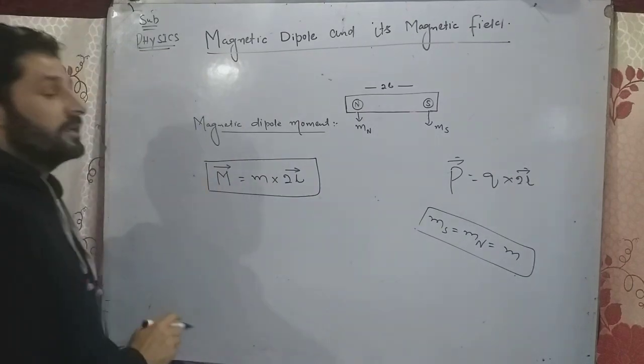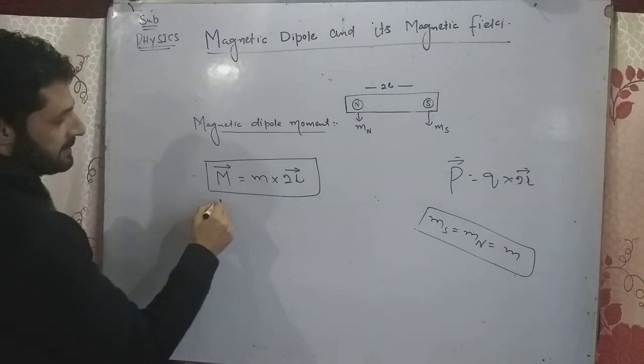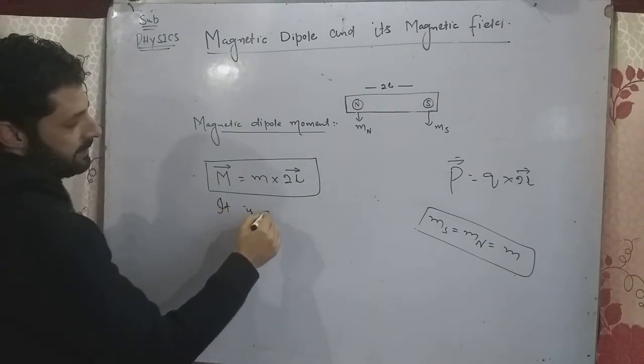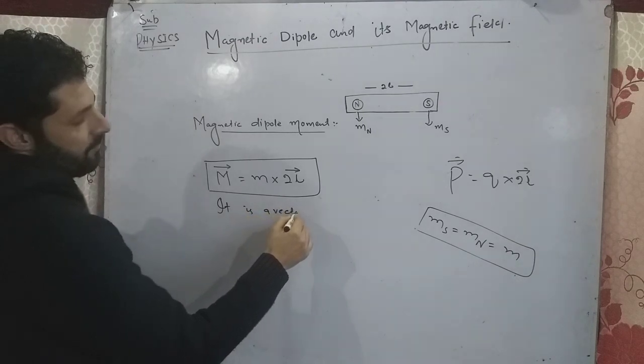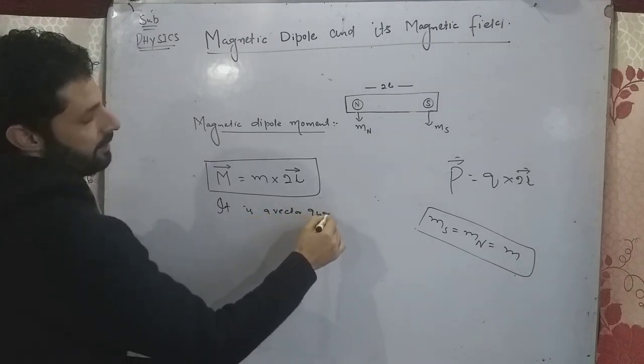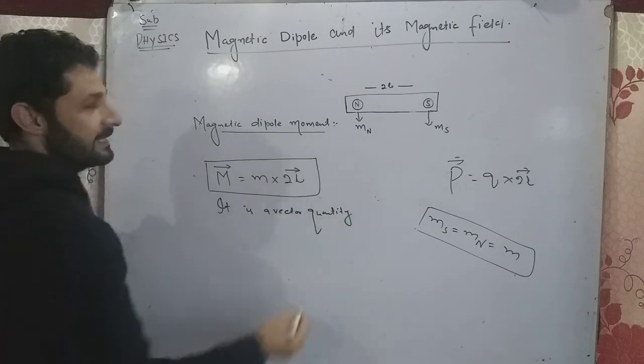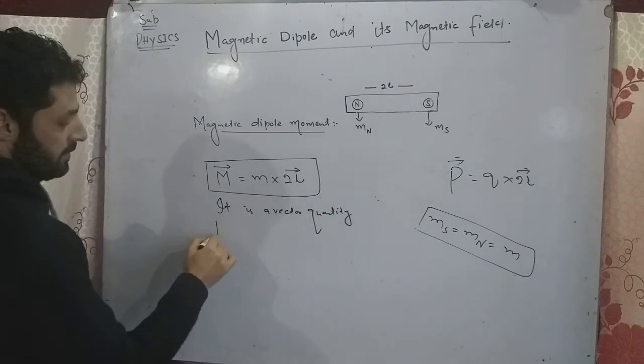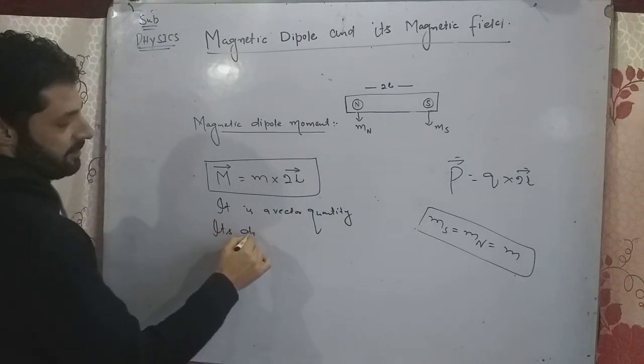So magnetic dipole moment is a vector quantity, and its direction is from south to north.